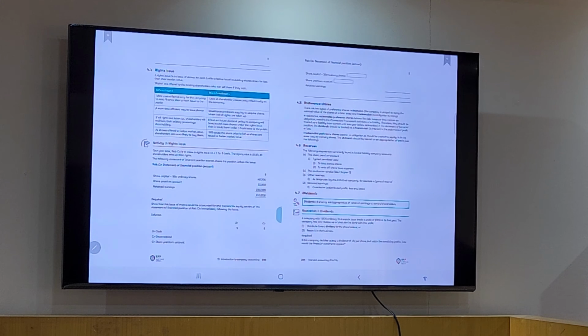So basically, a bonus issue is in the sense that the company management is giving some bonus to the shareholders. Exactly. It arises from the annual general meeting. They decide, okay, we will reduce or distribute the reserves as shares.